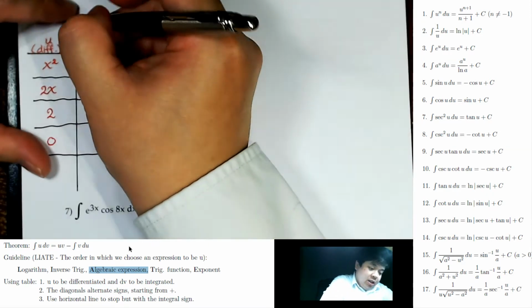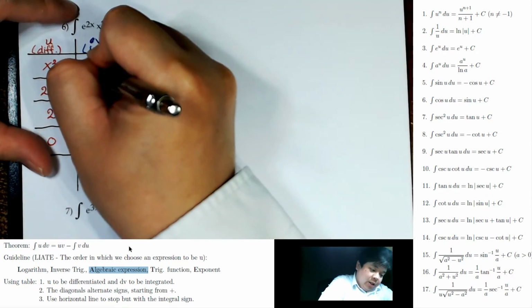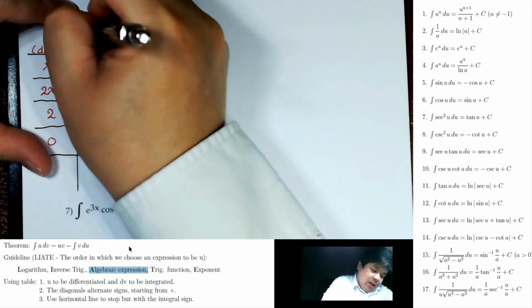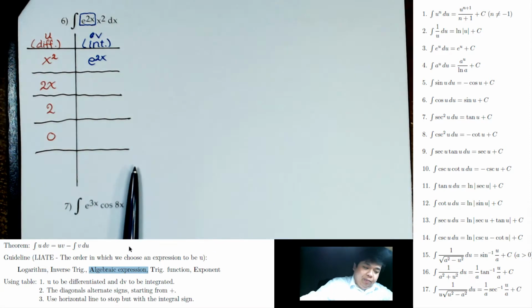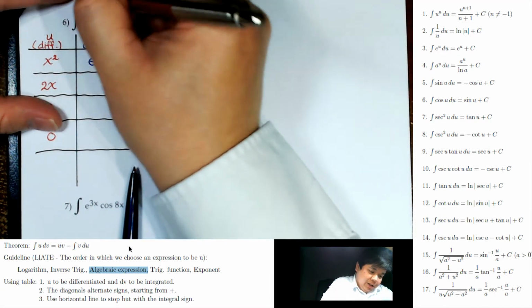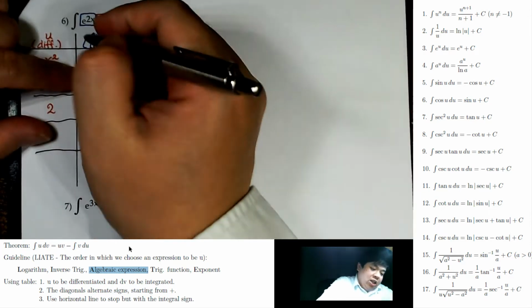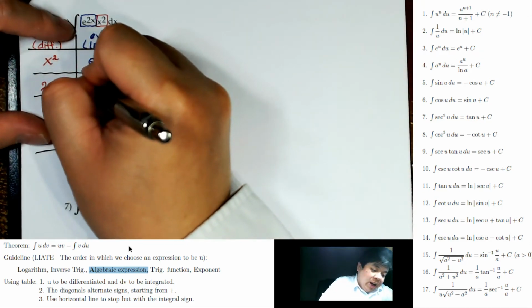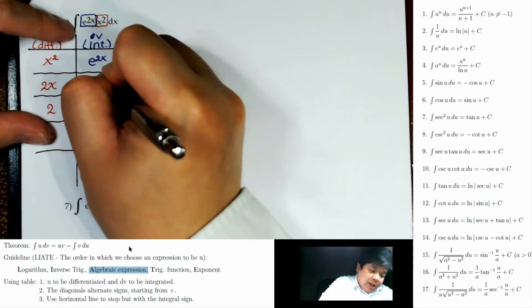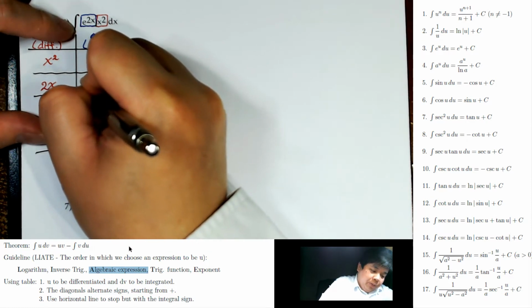Integrating is going to be e to the 2x. So this is going to be v or dv. And this is going to be u. Now this we integrate. Integrating e to the 2x will be e to the 2x, and then we divide by 2.